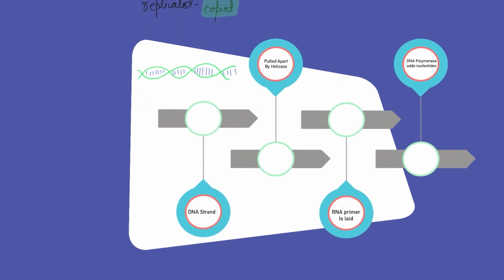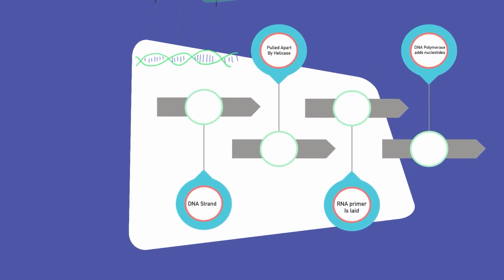As we can see, we have two strands of the DNA, and they are pulled apart by special enzymes called helicases. Now helicase, that means it is going to break the helix, right? Or in other words, it is going to pull apart the helix.